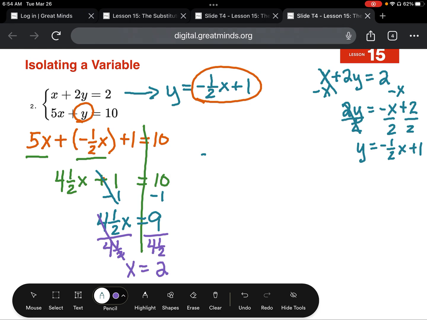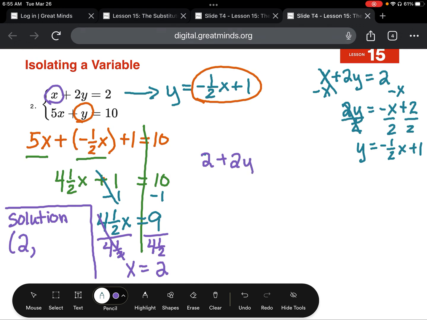Again, going back, I need to figure out what my y is, because so far for my solution, I only have my x value. So I need to put that into either equation and solve to figure out what y is. I'll just place it into this one. So instead of writing x, I'm going to write 2 plus 2y equals 2.